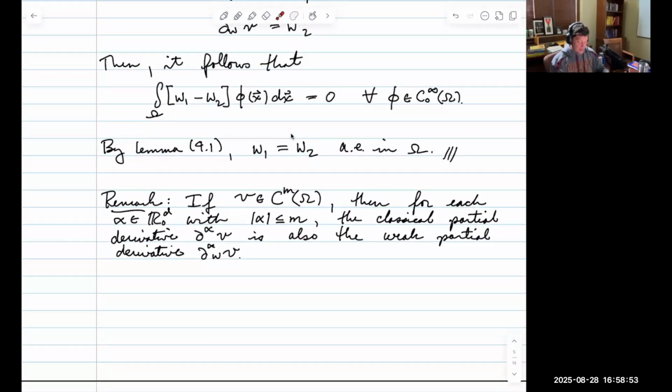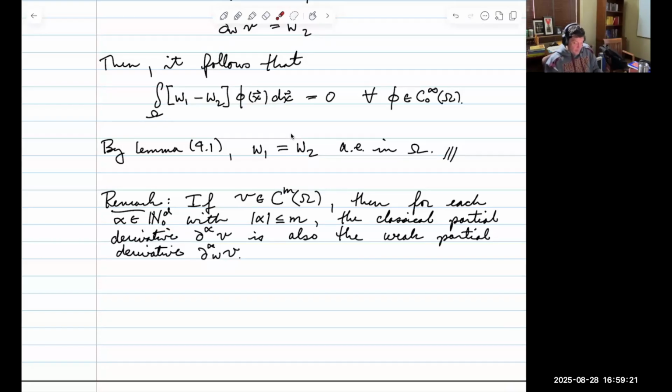Last thing before we take a little break here is, if v is a classically differentiable function of order up to and including m, then for each alpha, a multi-index, that set of indices.